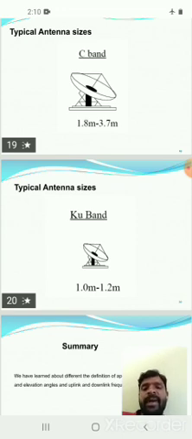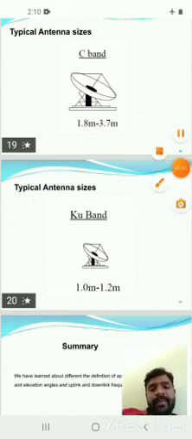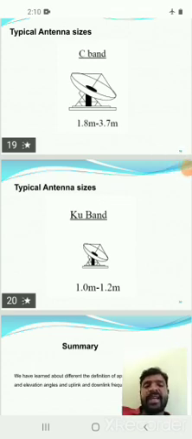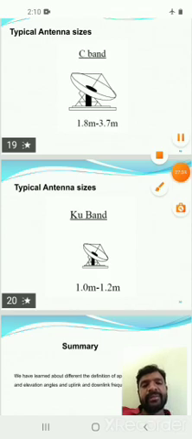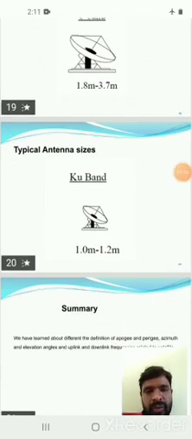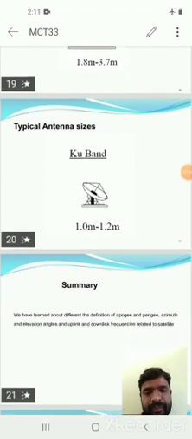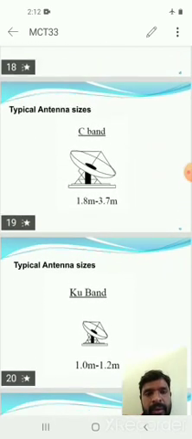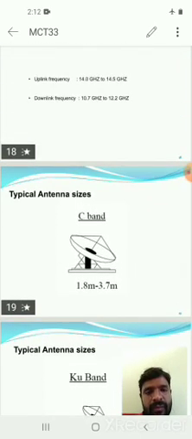Compared to C band, this antenna size is very small, about half the size. So these are the typical antenna sizes of satellite communication. Once we can revise today's class.